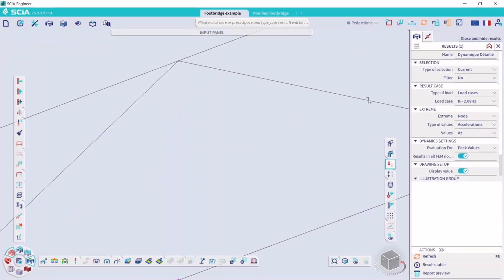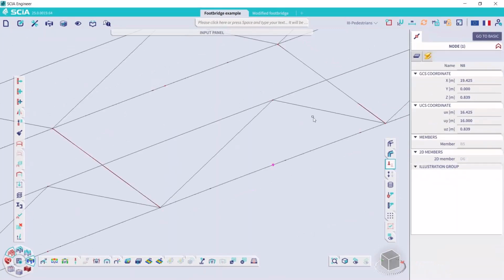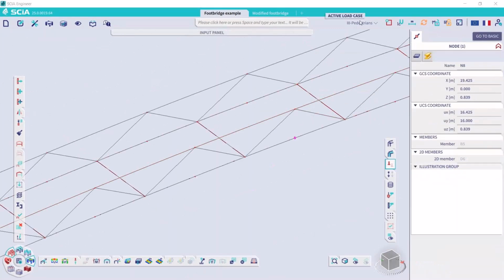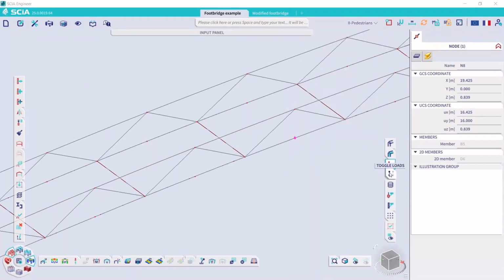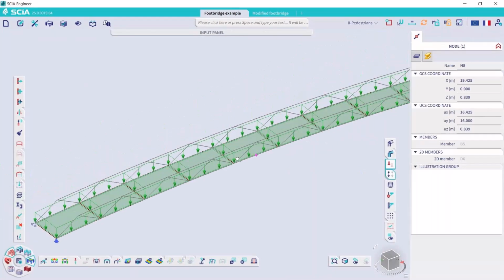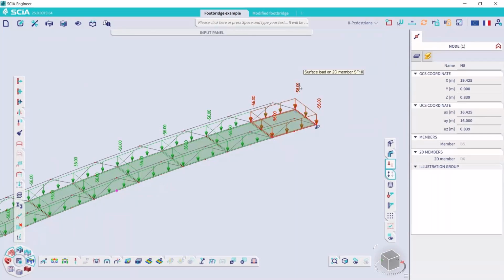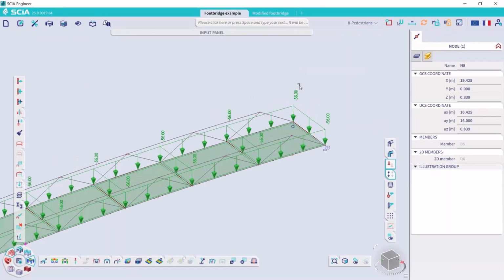Another thing that I have done in this model is that I have considered 2 other classes. I took the hypothesis that we are of a class 2 footbridge and a class 1 footbridge. For the class 2, we assume that we have 0.8 pedestrians per square meter, which is equivalent to a surface load of 56 kilograms per square meter.